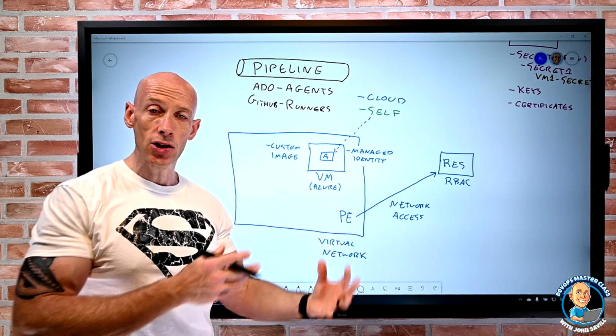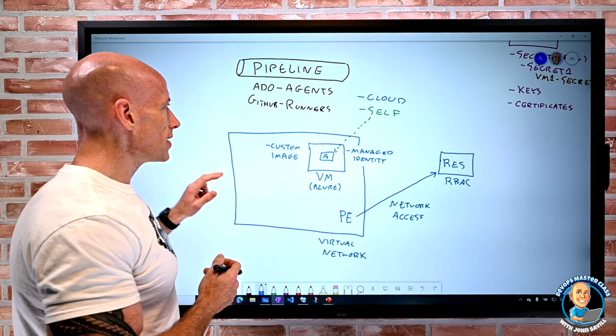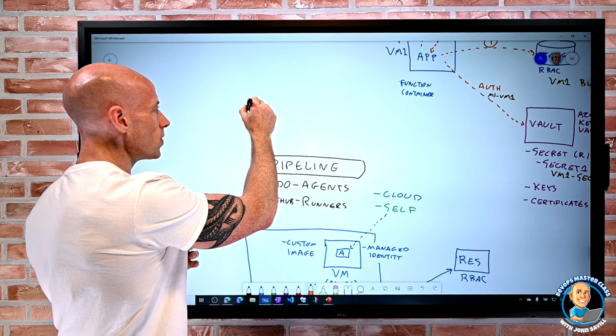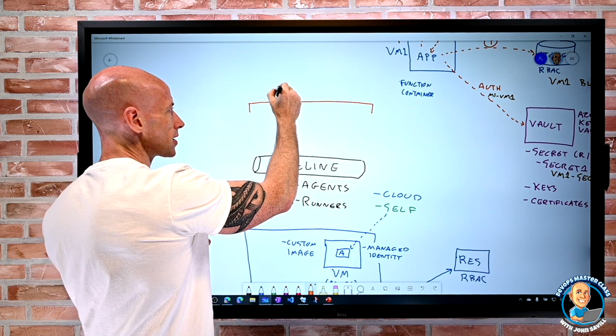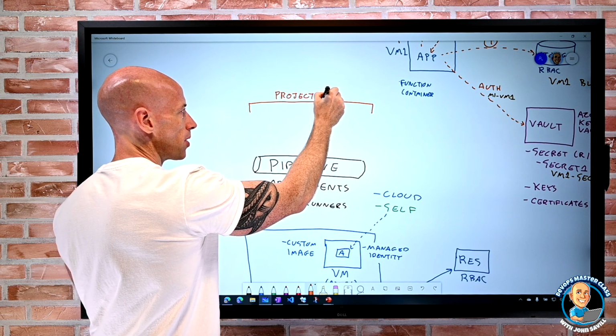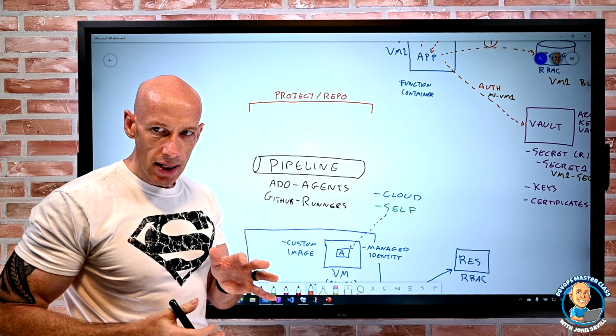We actually saw this last week when we talked about the CI/CD pipelines. Remember we had the whole idea that this pipeline, this workflow, runs within the context of, well, it belongs to some project, or maybe it's called a repo, it depends on the technology. But that pipeline belongs to this.